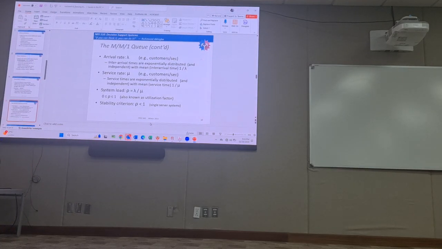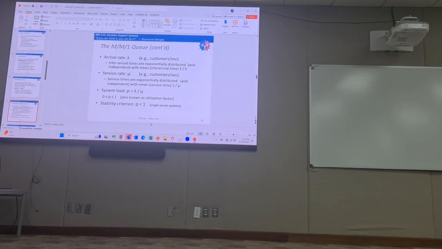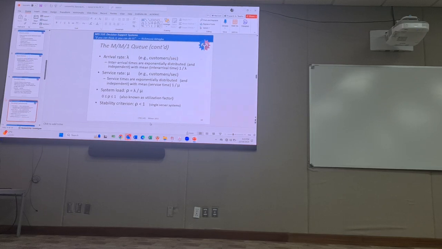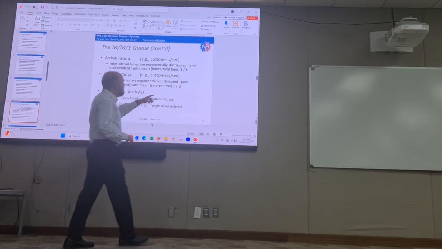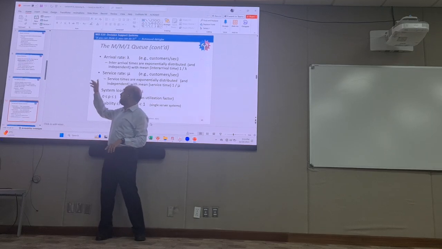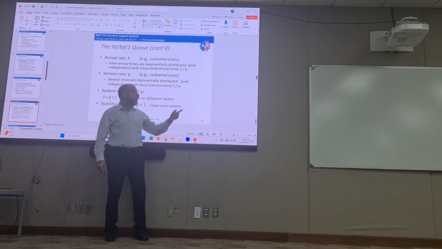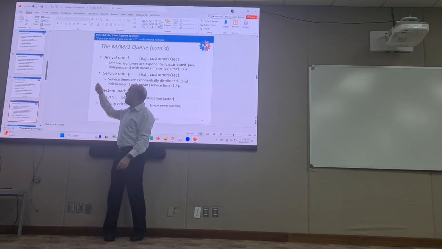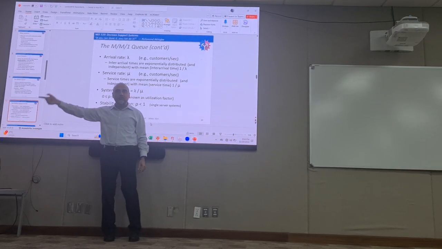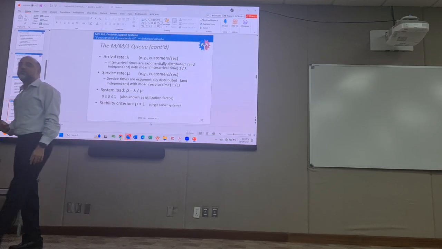For example, if you're a cashier, how much time on average you spend on a customer, that's service time. You can get that by doing 1 over mu. So they are completely related. If you know mu, you can find the time by doing 1 over mu. Everybody understand that? If you know service time, you can find service rate by doing 1 over it. So you just flip and you get the other one.